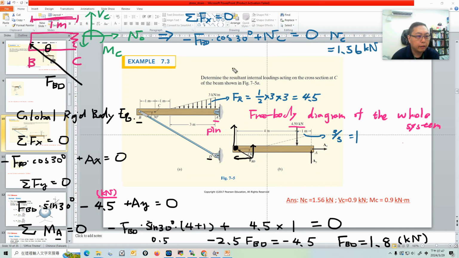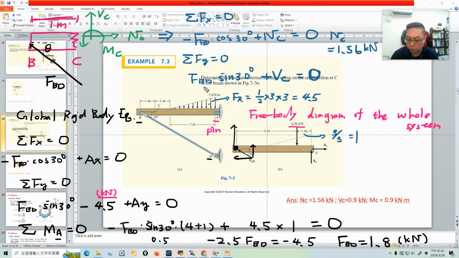And summation Fy equal to 0. We have FBD times sine 30 degrees pointing up, and VC pointing up. Anything else? No? Equal to 0.